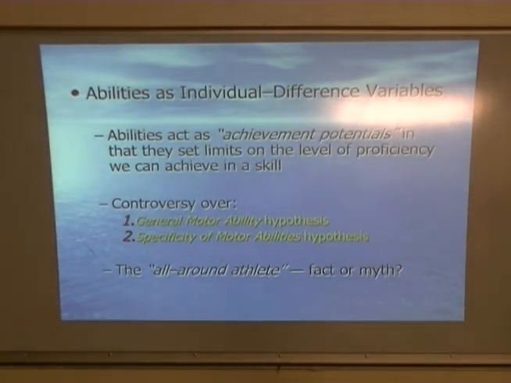If someone is a gold medal winner in the 100 meters, they're going to be very slow at running a marathon. That's just how it goes, because they don't have the body to do both. We're not given both.